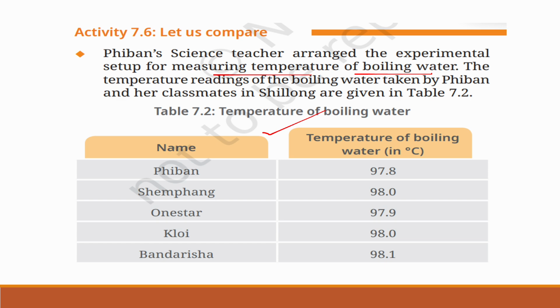For Fiban, the temperature of boiling water is 97.8 degrees Celsius. For Shemfang, it is 98.0 degrees Celsius. For Ekstar, it is 97.9 degrees Celsius. For Chloe, it is 98.0 degrees Celsius. For Bandarisha, it is 98.1 degrees Celsius.